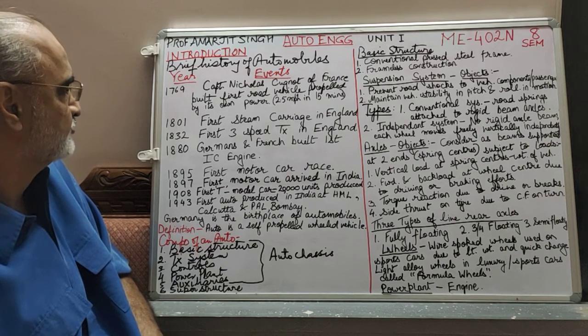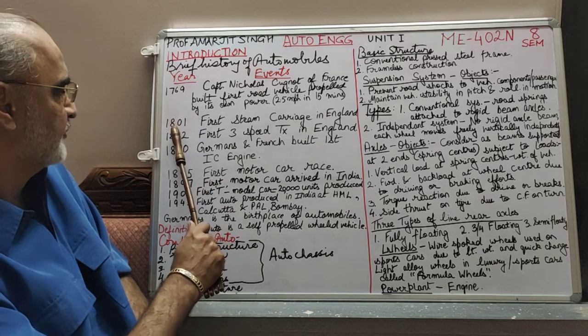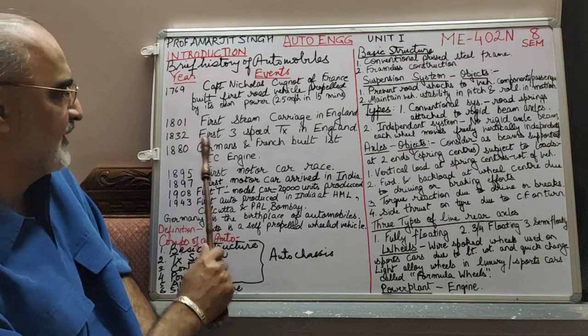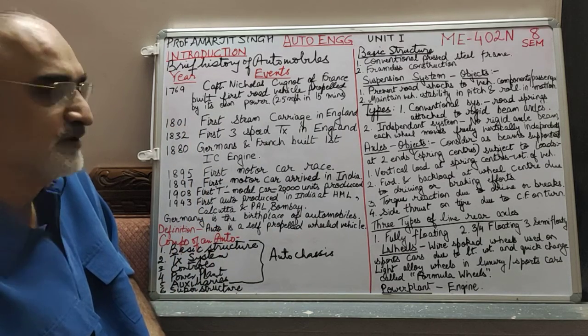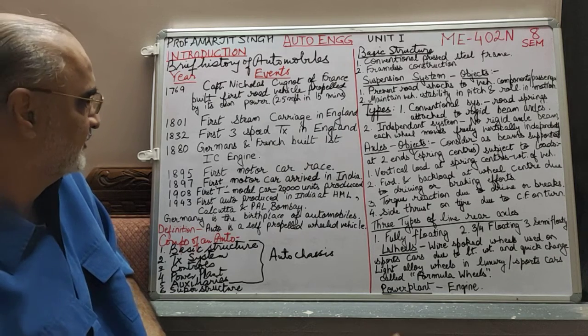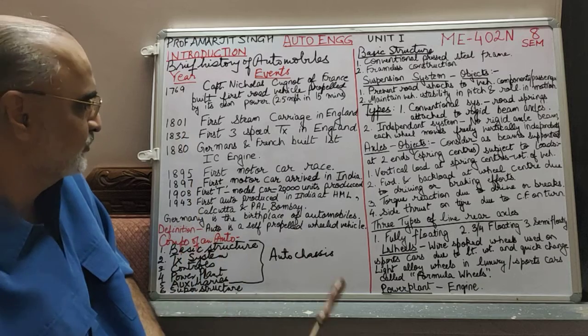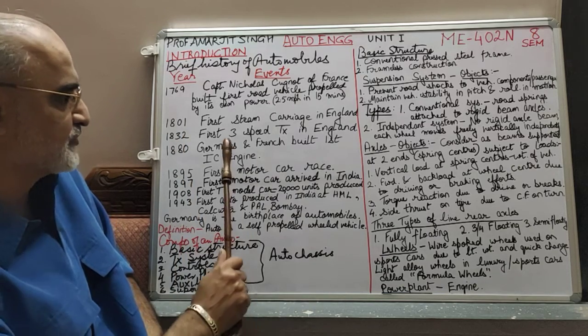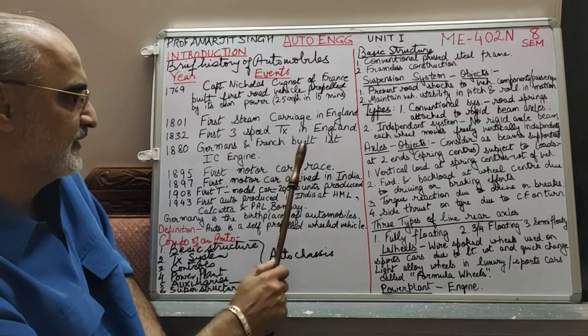Thereafter, after about 32 years, in 1801, the first steam carriage was operated in England. In 1832, the first 3-speed transmission in England.